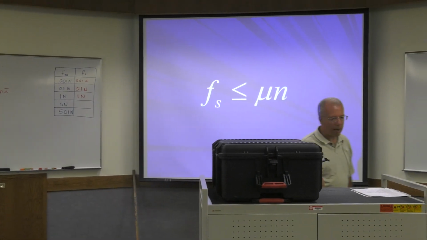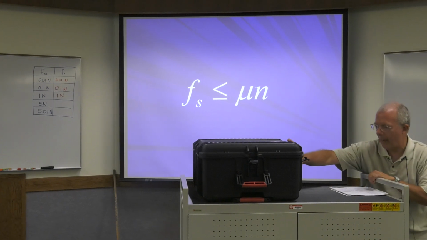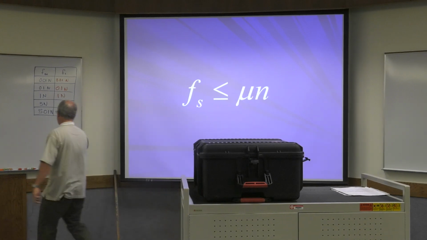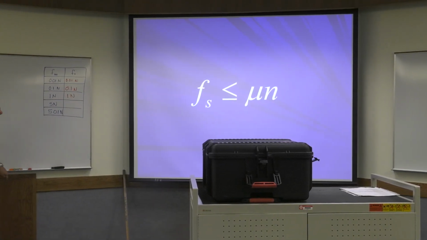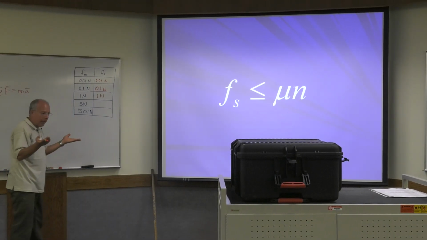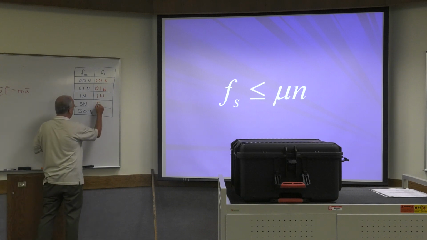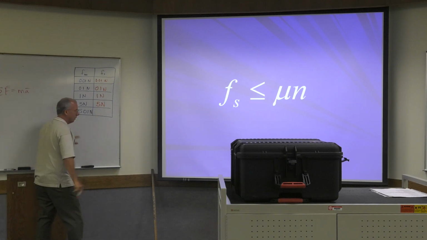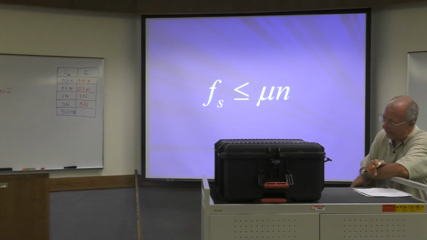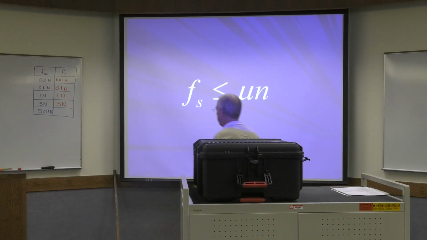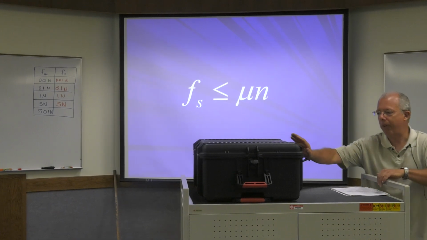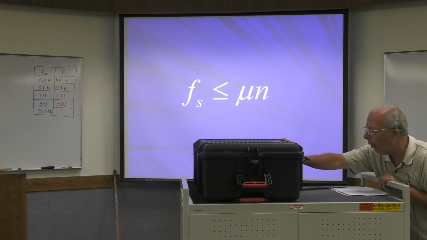Okay, I want this box to move. So now I'm going to push it with my hand. Man, it still doesn't move. All right, so I exerted a force of 5 newtons on the silly thing. Didn't move, didn't accelerate. So the net force is 0, so the frictional force has to be 5 newtons. Right? Okay, now, come on. I gotta get this thing to move. So now I'm gonna push it with my 5 newton force and give that little blow.